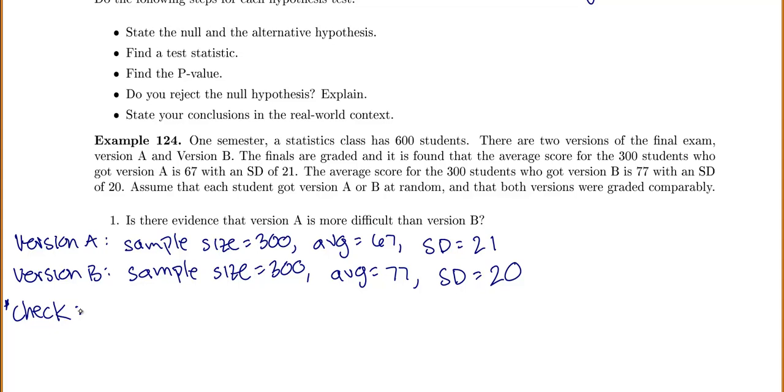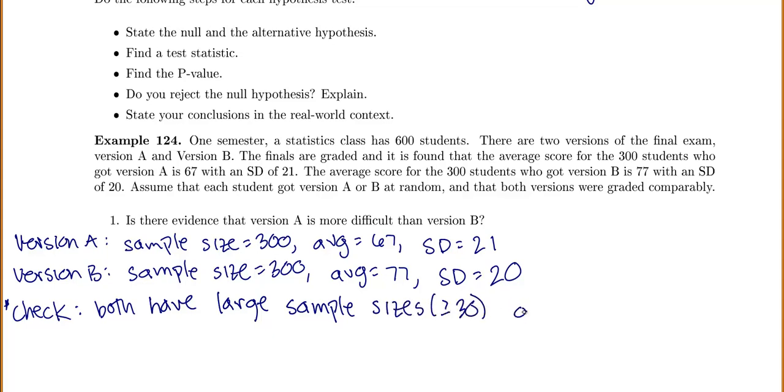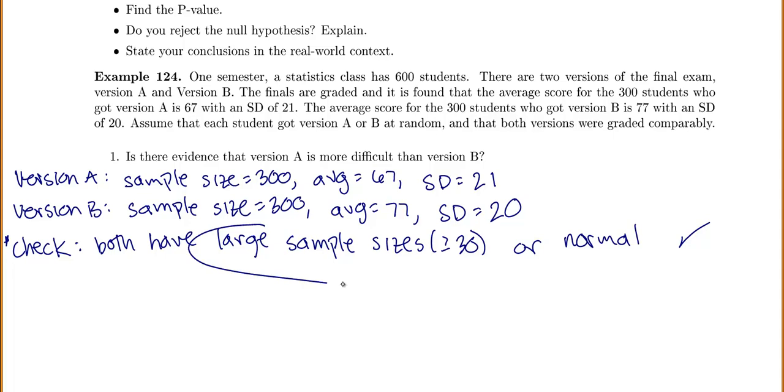That was to do the t-test, we needed a sample SD. Now just to use the 2 sample test, we need either both to have large sample sizes, meaning at least 30, or are normal. In this case, both of my sample sizes are large, so we're good to go. You need to check that for both samples, so either both sample sizes are large or both sample sizes are normal or some combination.